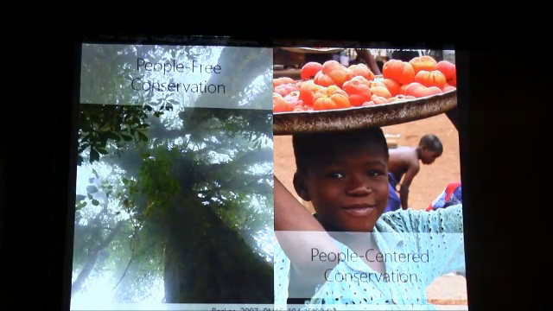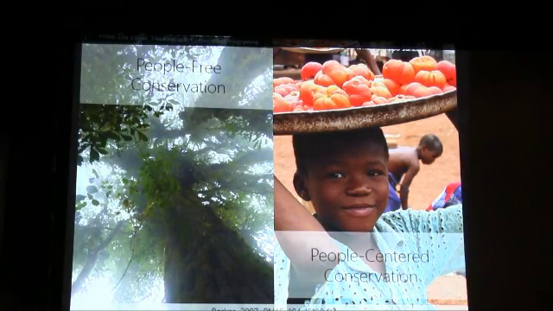Okay, so to start out, when we look at the conservation literature, we see 2 concepts that are diametrically opposed that come up time and time again. So there's this idea of people-free conservation, which is the idea that in order to conserve biodiversity, we need to set up these pristine people-free areas to maximize our conservation success.